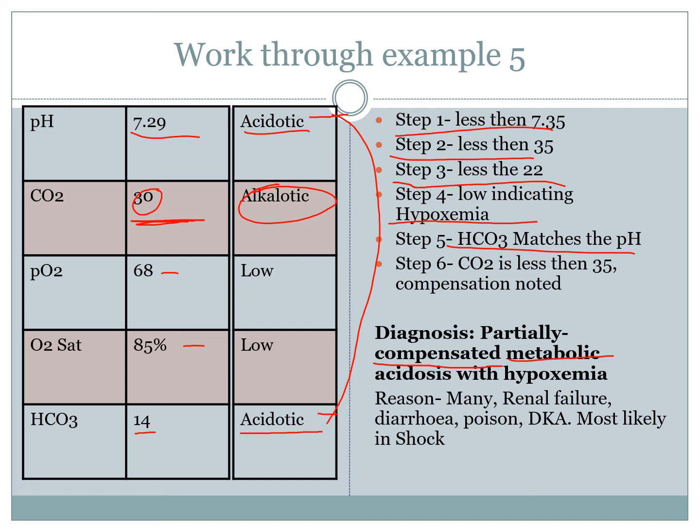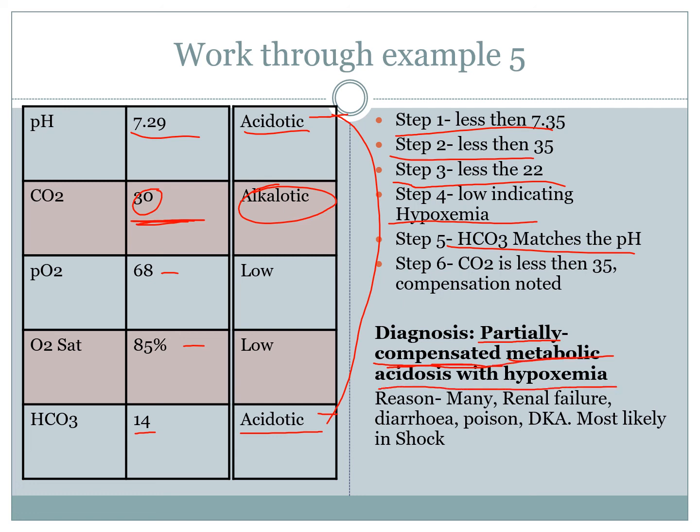What's happening is you're allowing your kidneys to slowly remove those acids and your body is absorbing a less than normal value of carbonic acid. That's essentially how it works in a nutshell. So when we're doing a diagnosis for this one, we will call this partially compensated metabolic acidosis with hypoxemia.